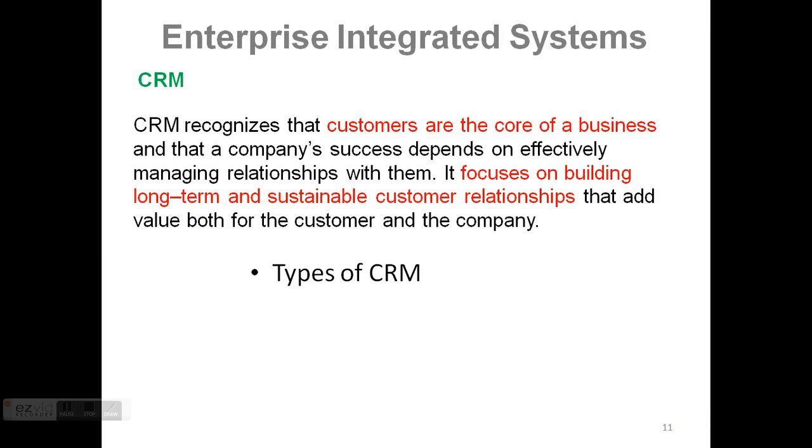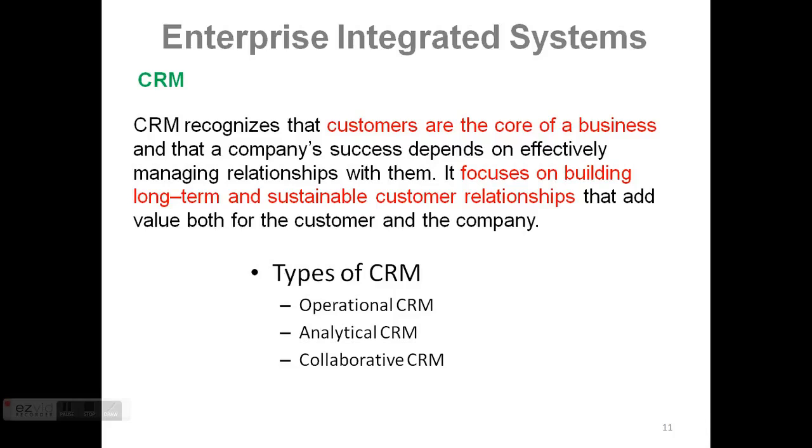And there are different types of CRMs that we can use: operational CRMs, analytical CRMs, collaborative CRMs. Operational CRMs are mostly about managing the day-to-day relationship between the customer and us. Sending out leaflets, newsletters, advertisements, and so on.